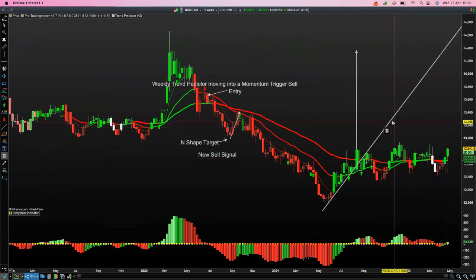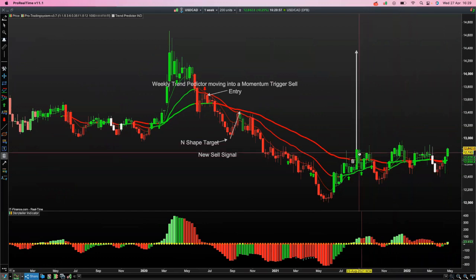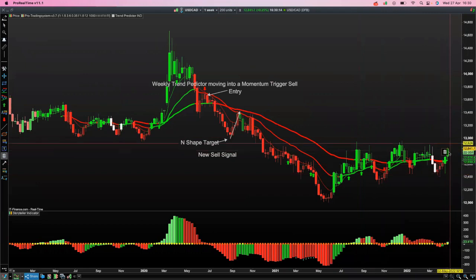We've been in this sideways consolidation for so long, back to, where are we, summer of 2021, and does this momentum trigger mean that we break out and push up to a new trending phase? It would be nice if we had a lovely trending down move here.